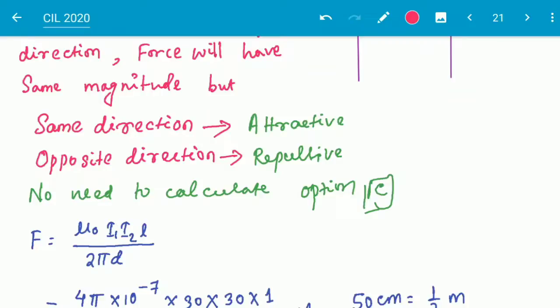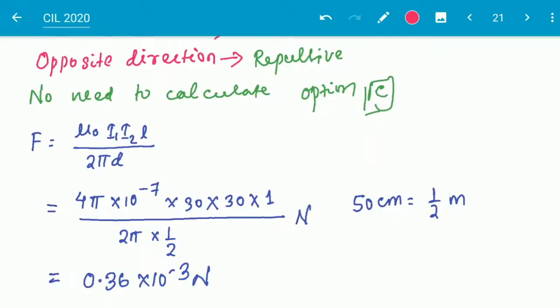So the force can be calculated as mu 0 I1 I2 L by 2 pi d, where I1 and I2 are the currents in the two current carrying conductors, and d is the distance.